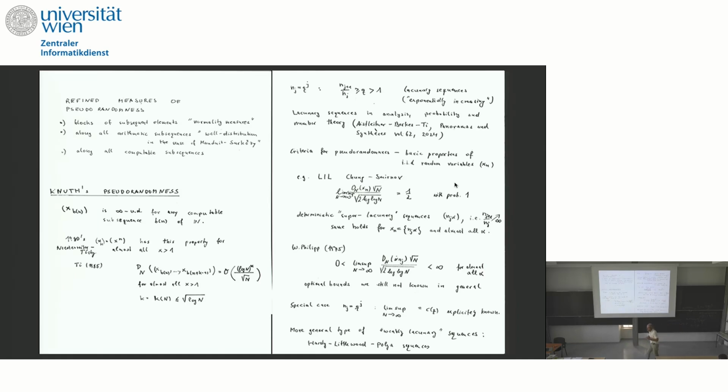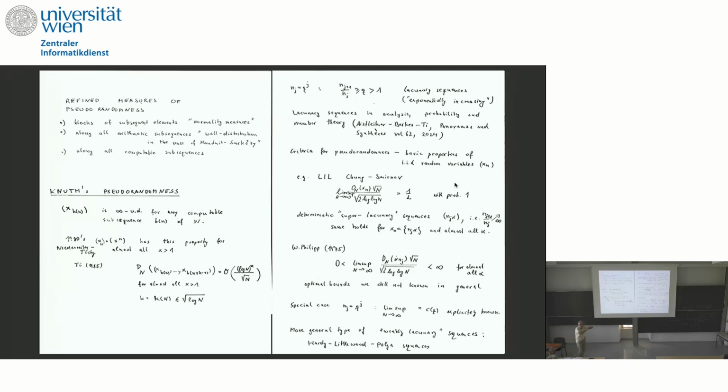This is a property which was introduced by Donald Knuth in his book on the art of computer programming. And this is the strongest concept he introduced in this book concerning pseudo-randomness. The definition was just taking a sequence, taking subsequences for any computable choice of the indices.